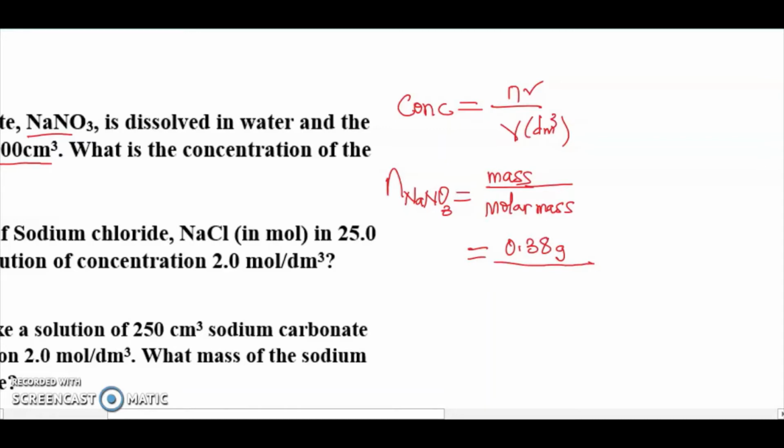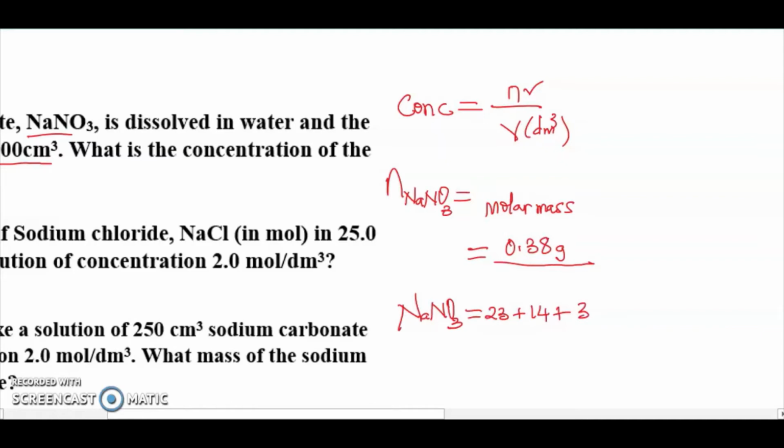Now, if you have difficulties finding the molar masses or the relative formula masses of compounds, make sure to check out my video on that. I've done a video explaining how to calculate the molar masses of compounds. But now let's just do it all together here again. So we have sodium nitrate. Sodium has a relative atomic mass of 23, plus nitrogen has a relative atomic mass of 14. Oxygen has a relative atomic mass of 16, but we have 3 oxygen atoms.